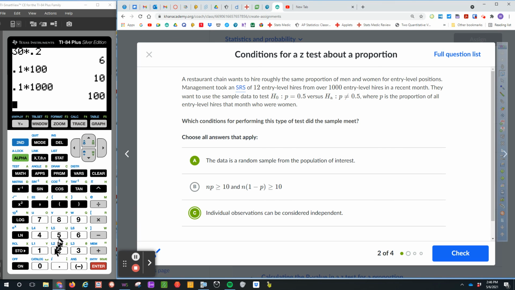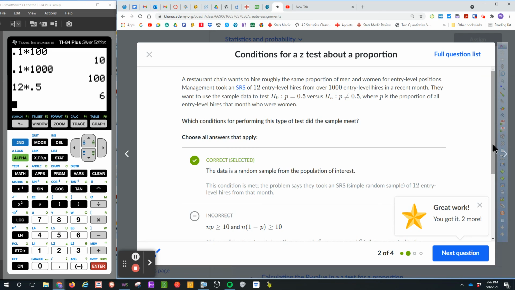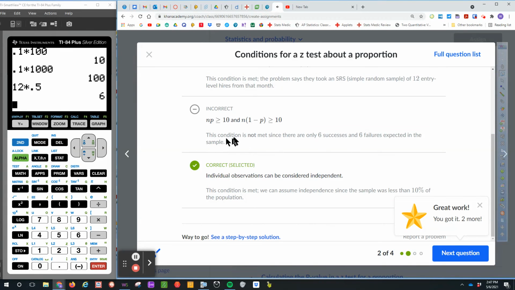Now, what is n? n is 12 times 0.5, since p is 0.5. I only have 6, which is less than 10, so I cannot check this. This condition is not met since there are only 6 successes and 6 failures.